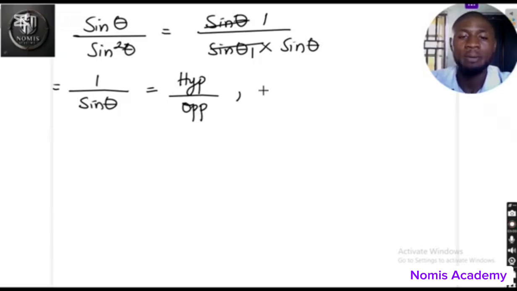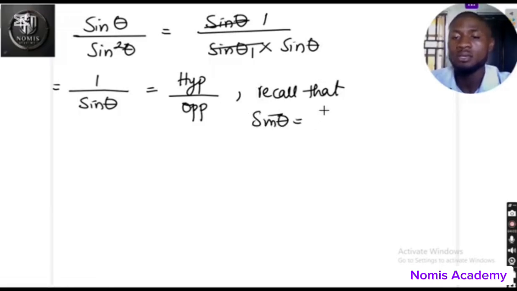Remember that sine theta is actually opposite all over hypotenuse. If you had watched our earlier videos on trigonometrics, you remember this. So sine theta is equal to opposite all over hypotenuse.